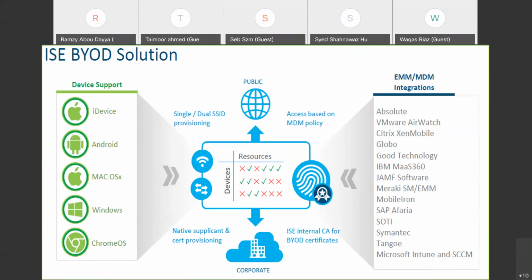MDM does on phones or tablets what ISE does posture-wise on endpoints. But MDM is a solution that needs to be integrated with ISE in order to work. It's not like ISE has its own MDM solution. But as I said, it can do everything on an endpoint if it is a laptop or computer. So that's bring your own device.